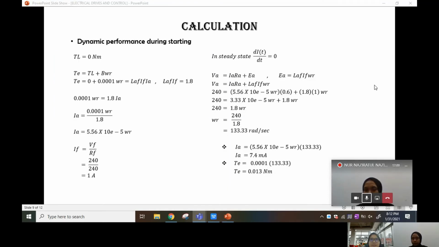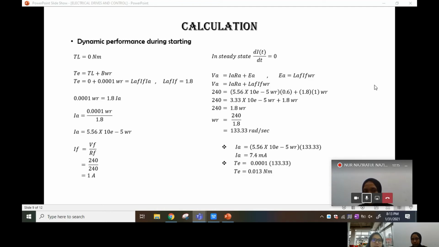Next. Okay, next for the calculation, dynamic performance during starting when TL equals 0 Nm and VA is equal to 240 volt.